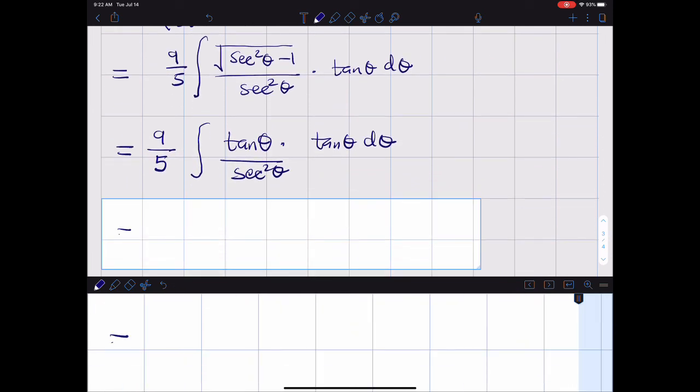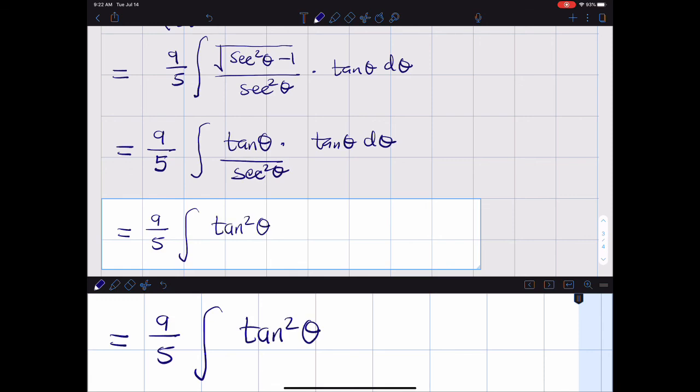So we end up with 9 over 5 times the integral of tangent squared theta all over secant squared theta d theta.